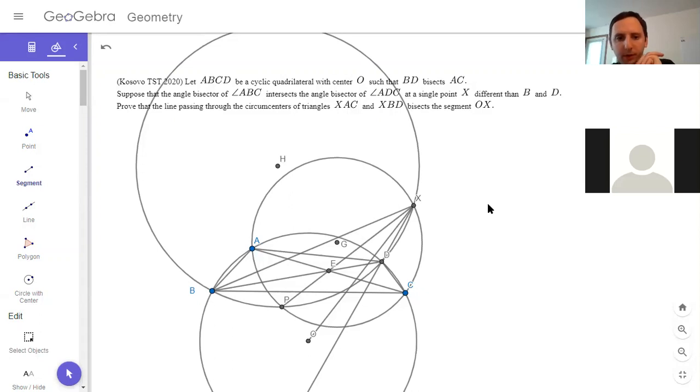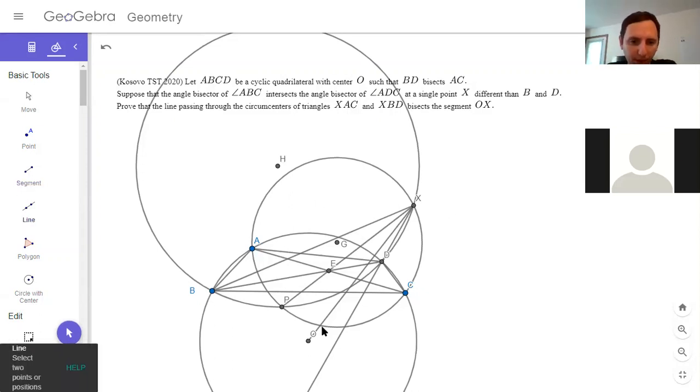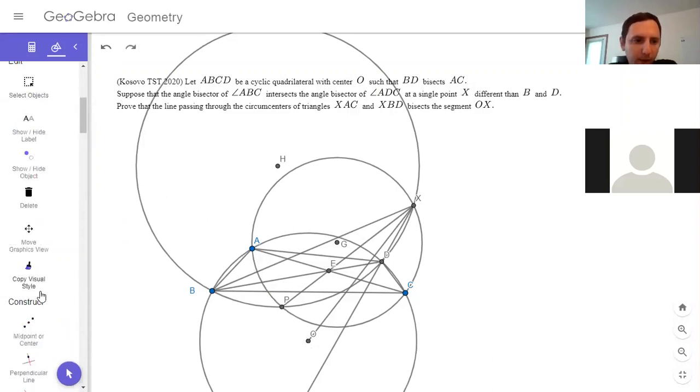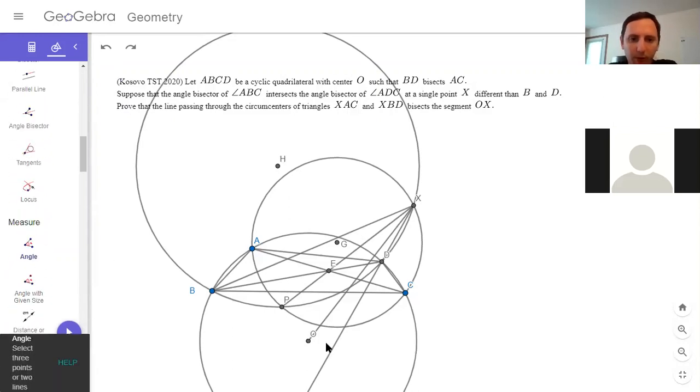Is there some easy way to see that OP is perpendicular to AB? I don't think that would be true. No. But OPX is 90 degrees. Or we want to show that would solve it.